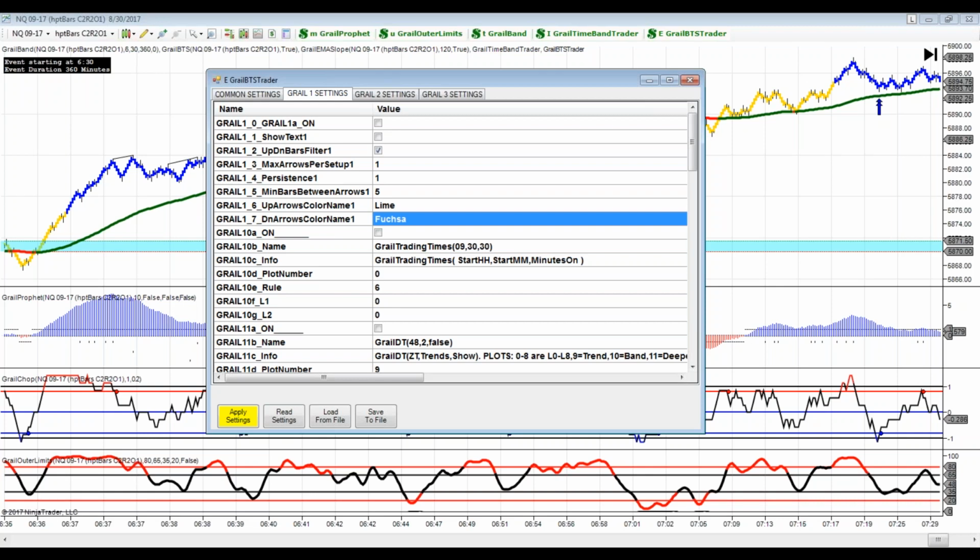But the problem with those contracts is the spread is so wide in there, you can't trade it. It's too bad because they really move. Then going to 6 a.m. my time, it's crude oil. Going to 6:30 my time is the equities.